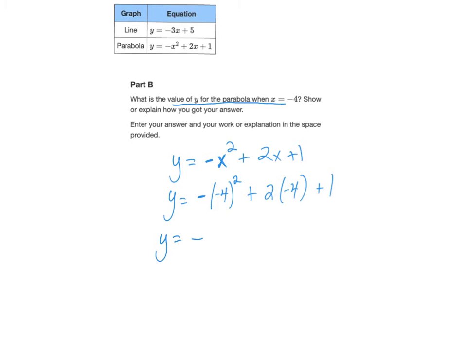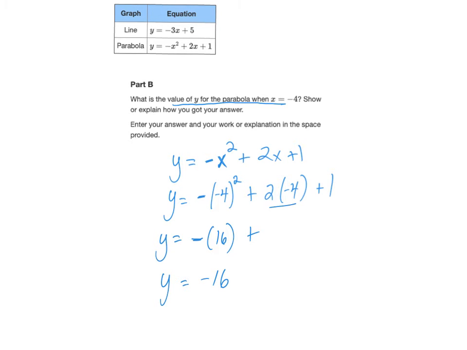So that negative stays, and negative 4 squared is going to give me a positive 16, because a negative times a negative is a positive. Okay, and with the negative in front of it, it is going to become negative 16. Okay, that's the only time you'll have a negative answer when you're squaring a number, is if you have the negative in front of the x.